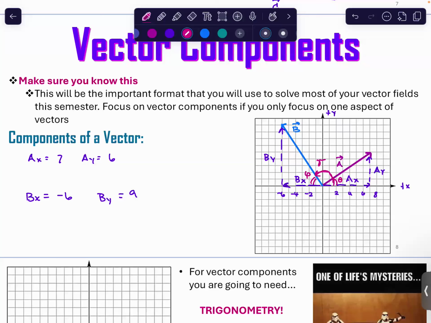Gamma is counterclockwise from the positive x-axis, to whichever vector you're measuring. So this one is to B. We don't really need it for A because we have theta measured counterclockwise from the positive x-axis that gets us to A.